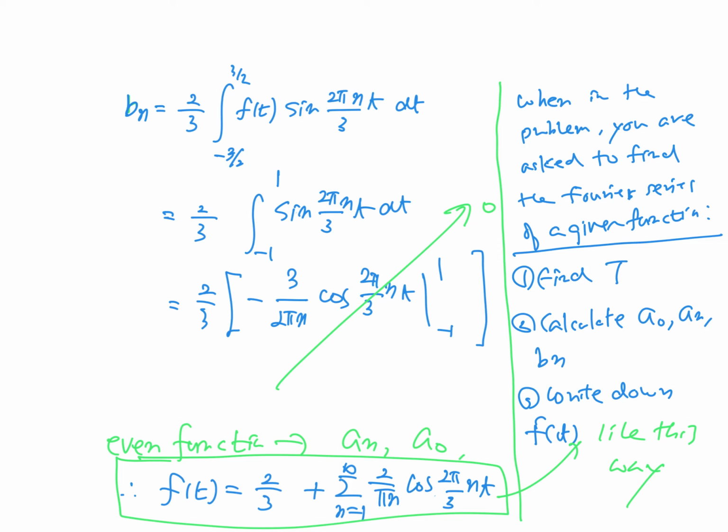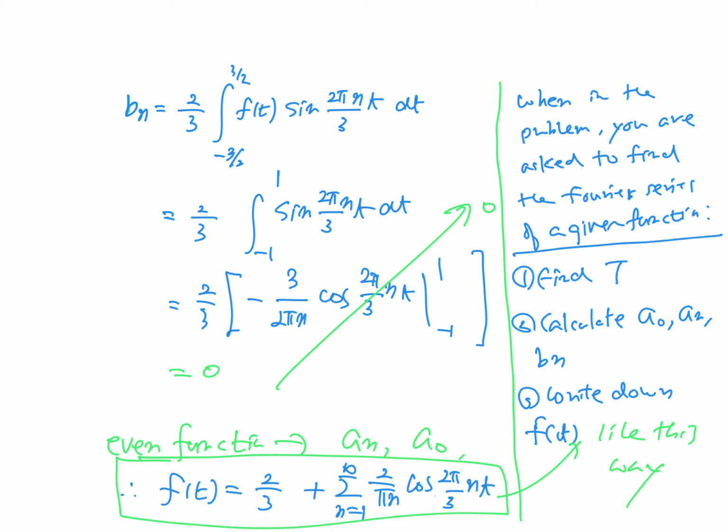This makes it clear, right? Any questions? Here? It was 0. Cosine. Let me see.